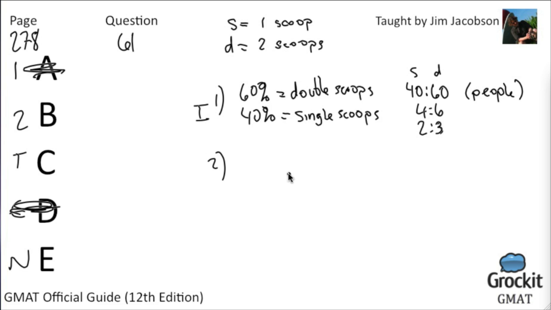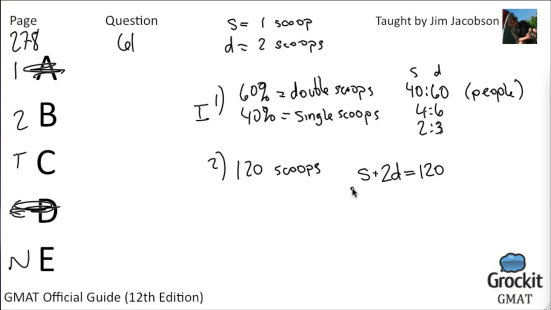Statement 2 tells us that 120 scoops of ice cream were served to all the guests at the picnic. 120 scoops. So, I mean, this would tell us, for example, that the number of people who got single scoops plus 2 times the number of people who got double scoops equals the 120 scoops of ice cream that were given out.